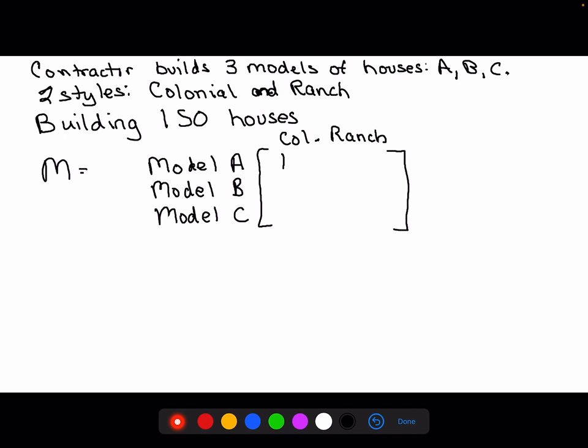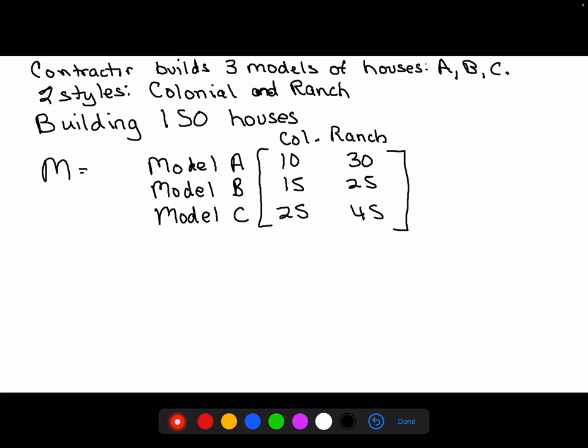We have 10, 15, 25, and we have 30, 25, and 45. So in other words, for model A, there's 10 colonial style and 30 ranch style. For model B, there's 15 colonial style, 25 ranch style. And for model C, there's 25 colonial, 45 ranch. Okay, so that's the distribution.